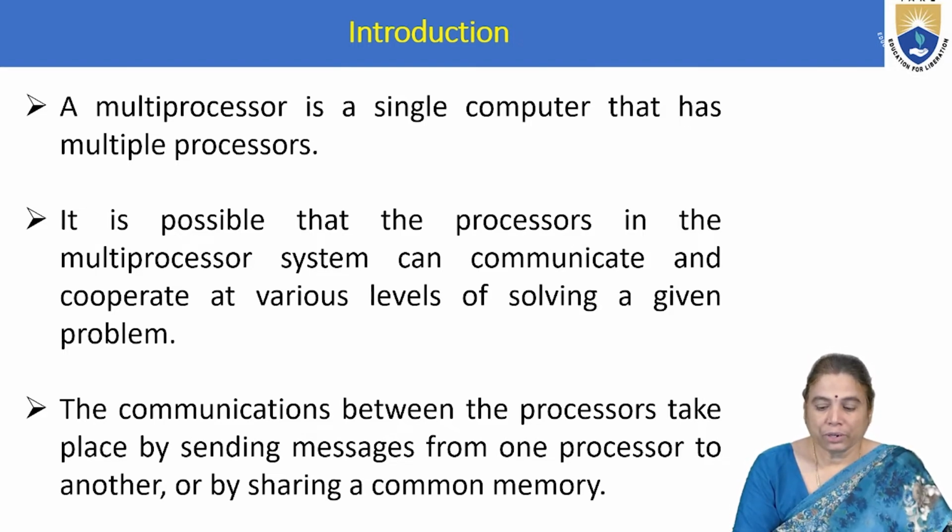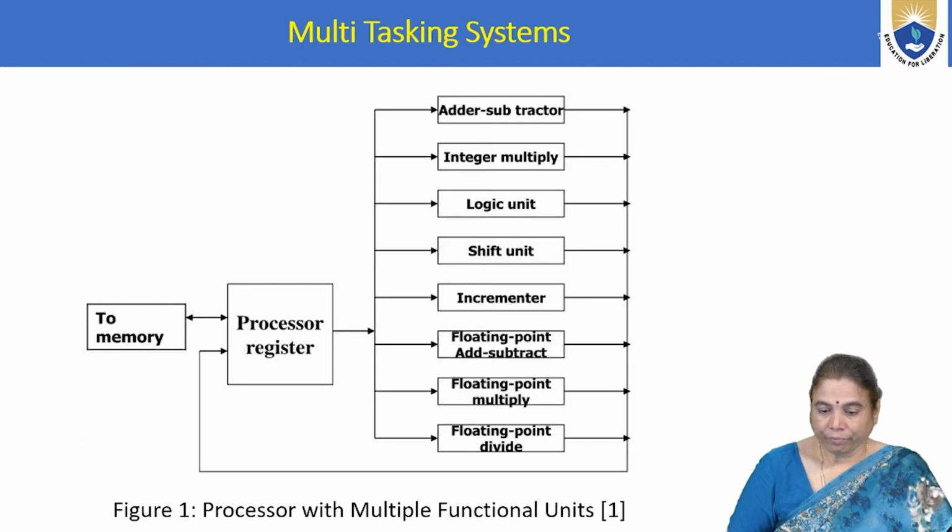The communication between the processors takes place by sending messages from one processor to another or by sharing a common memory. So 2 major aspects can be considered in the multiprocessor system: the processors can communicate with the help of the message passing technique or with the help of the shared memory technique.